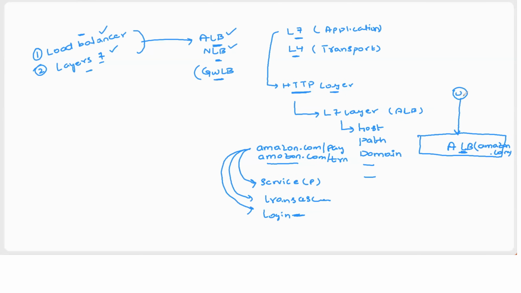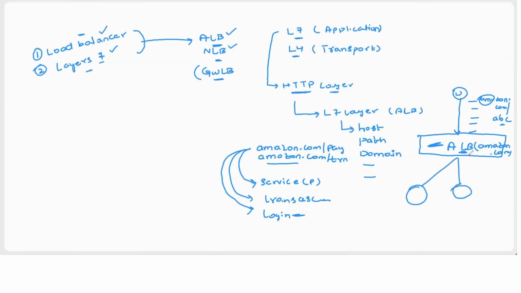Now the user can access amazon.com on different paths depending upon applications. In the load balancer, you can configure that if the request is going to amazon.com/ABC, then forward the request to one particular server group. If the request is going to XYZ, then forward it to other servers.